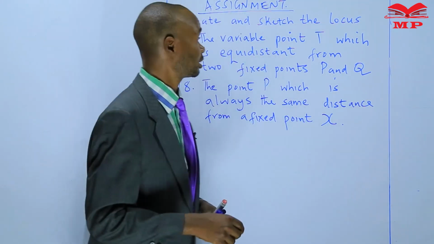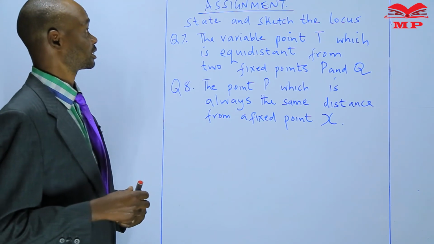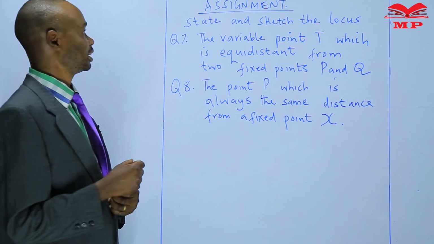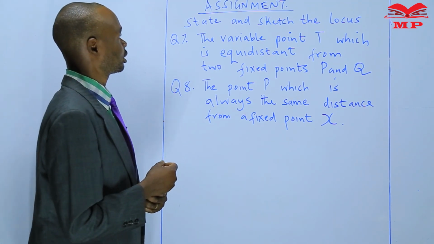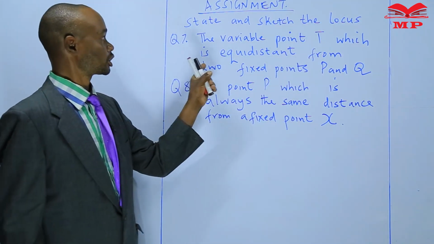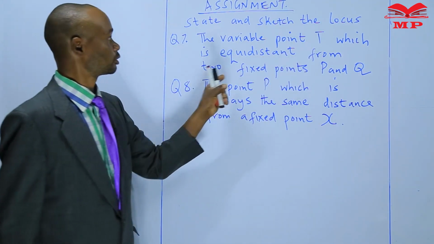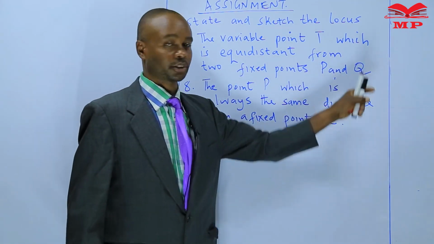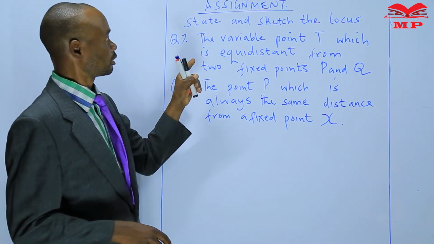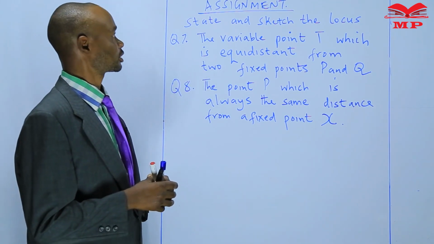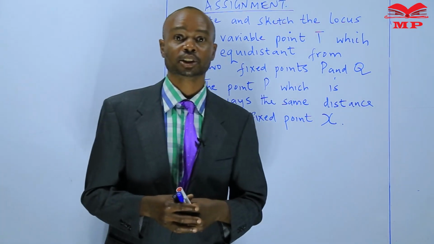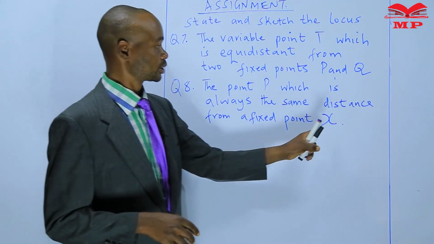Question 7 talks of stating and sketching the locus of the variable point T, which is equidistant from 2 fixed points P and Q. The second question talks of also stating and sketching the locus of a point P, which is always the same distance from a fixed point X.